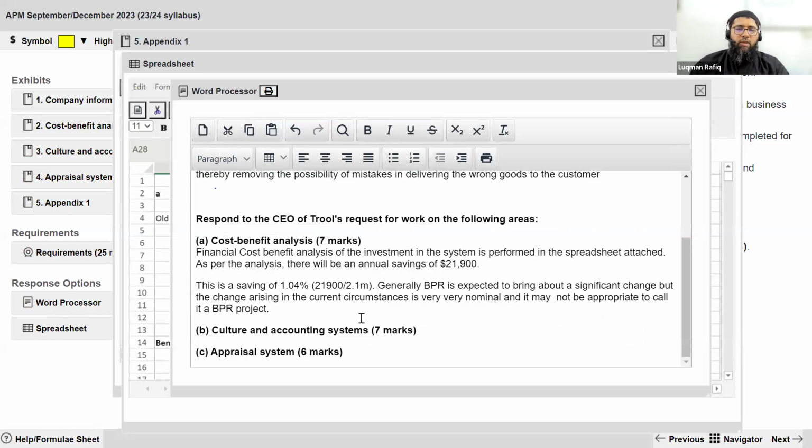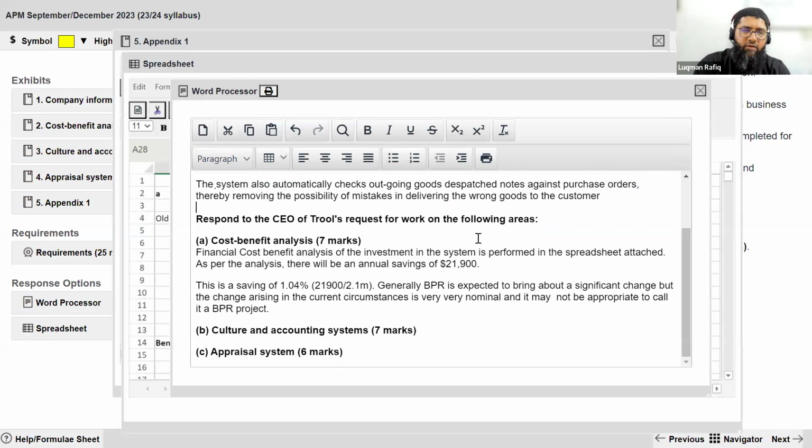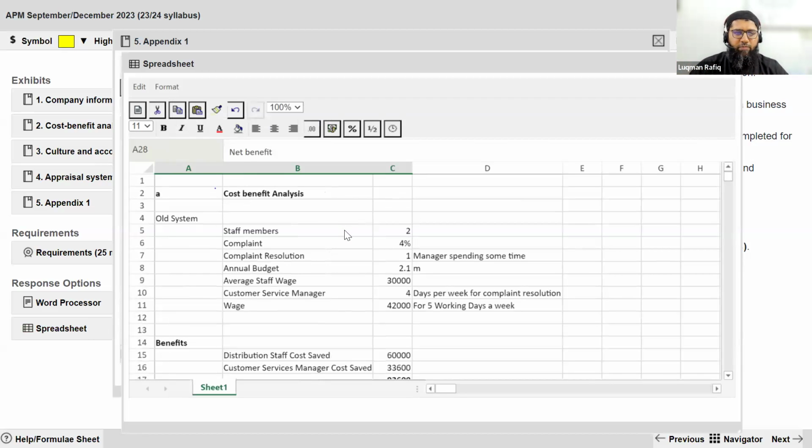Okay. Thank you for asking. When the question's requirement is like this, when you have to write down the answer, you have to simply say respond to the CEO's request. If you have seen the videos in which I've solved all the examination questions, I've always adapted this approach: if there is a calculation, just do it in the spreadsheet.